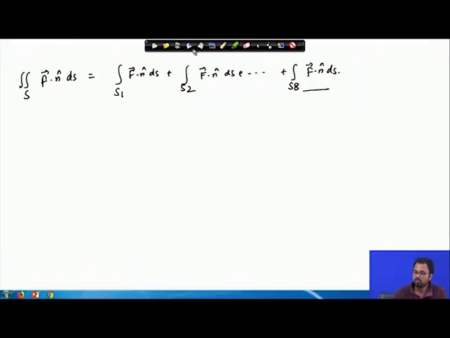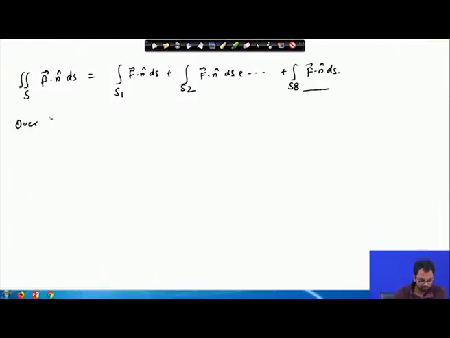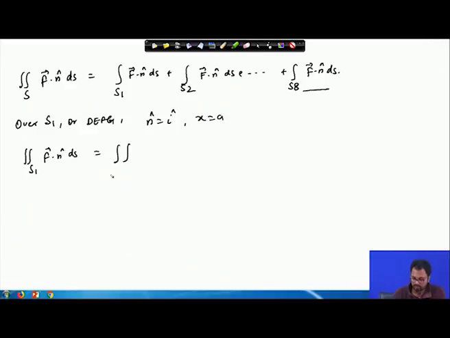So, let us call this face facing front our S1, that is DEFG. Our n is basically i, and x equals a. So, therefore, this surface integral over S1 of f dot n ds is basically z running from 0 to c, y running from 0 to b, and x is a.